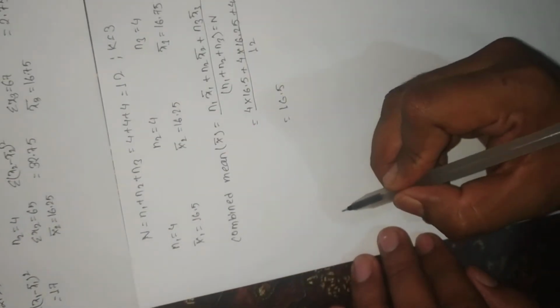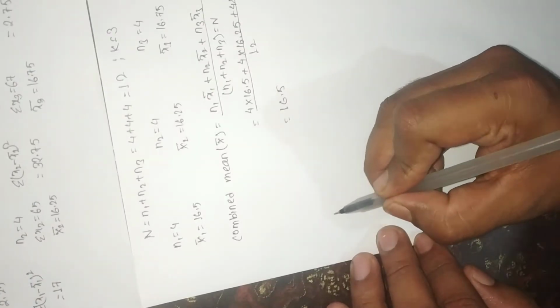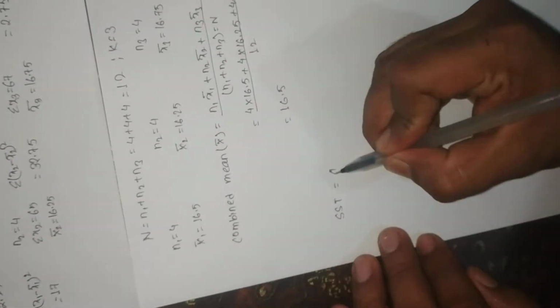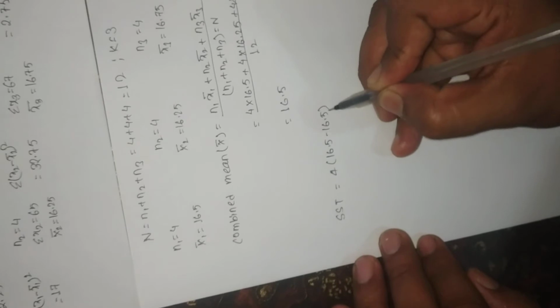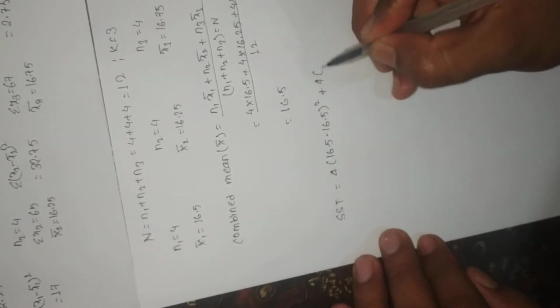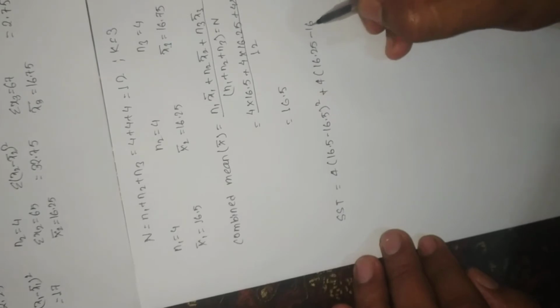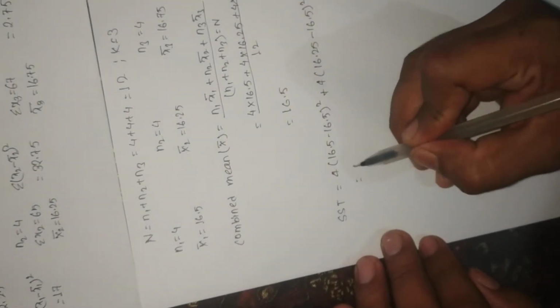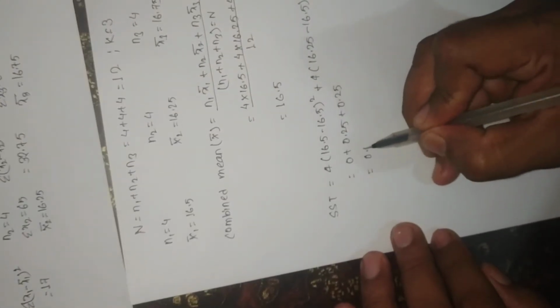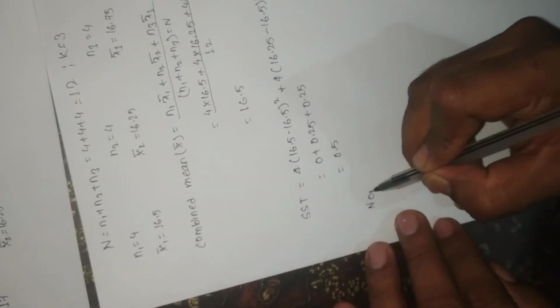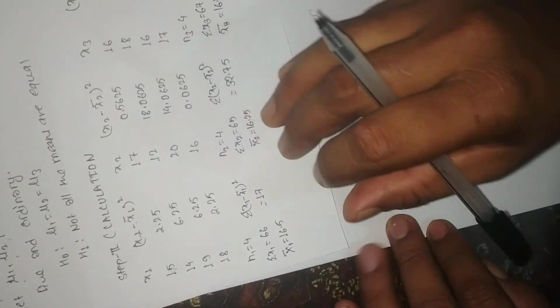Now we find SST. The formula is 4 into (16.5 minus 16.5) whole square plus 4 into (16.25 minus 16.5) whole square plus 4 into (16.75 minus 16.5) whole square, that is 0 plus 0.25 plus 0.25, and overall this value will be 0.5.